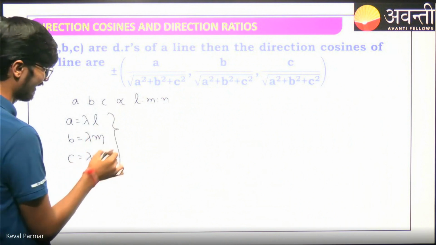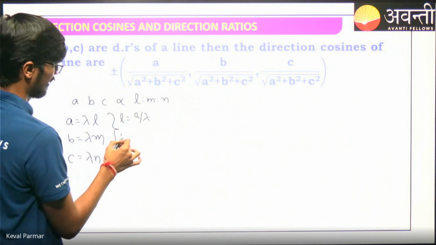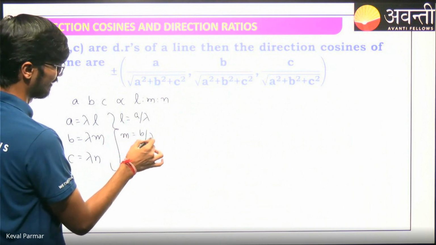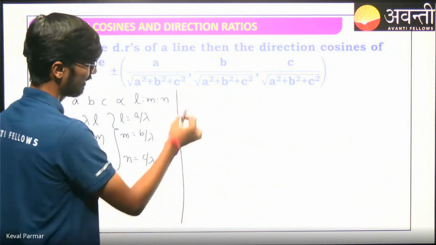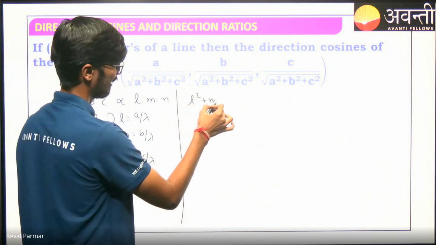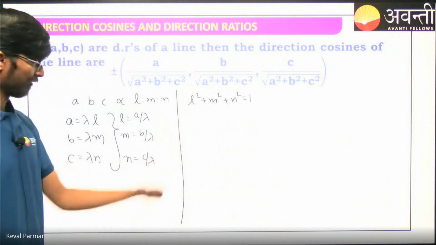So from here I can say L is equal to A upon lambda, M is equal to B by lambda, N equals C by lambda. And we know that L square plus M square plus N square is equal to 1. Let's substitute these values here.